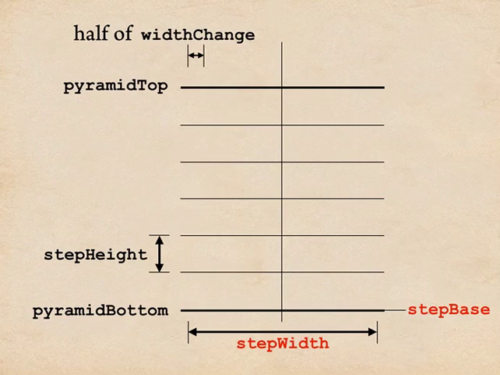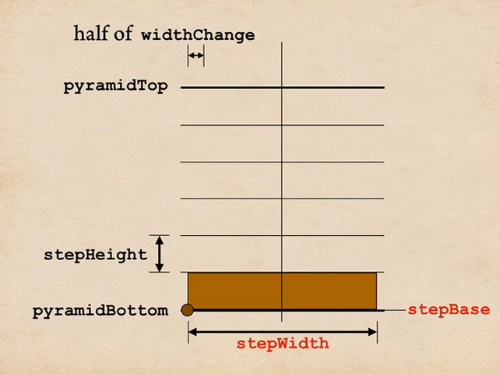Now we're set. The bottom left corner of the first rectangle is right here. Horizontally, it's just the center minus half of step width, and vertically, it's at step base. The width of this rectangle is step width itself. The height of the rectangle is step height, so I can now draw the rectangle. Now I need to move.